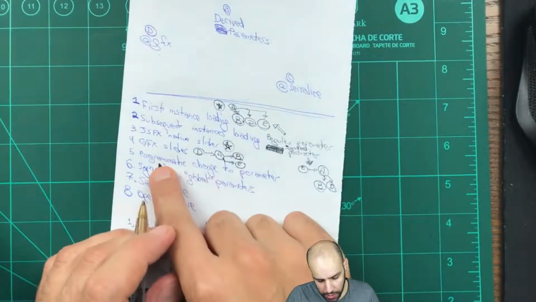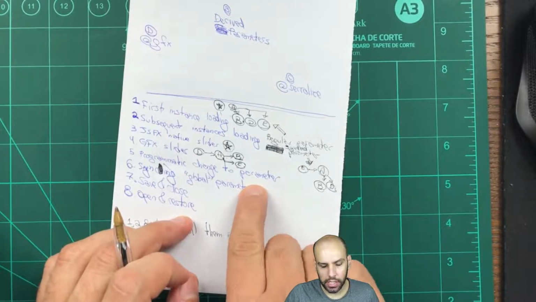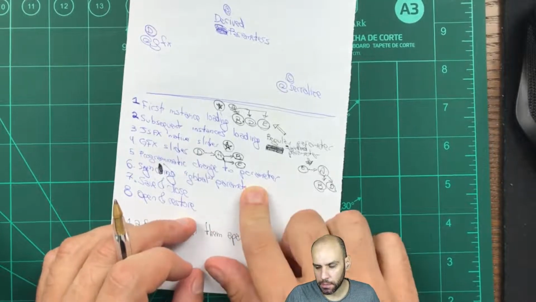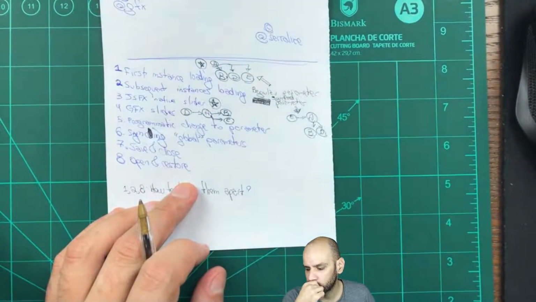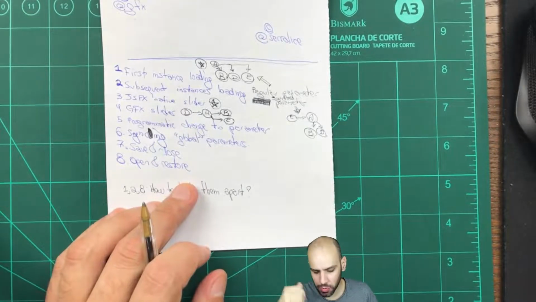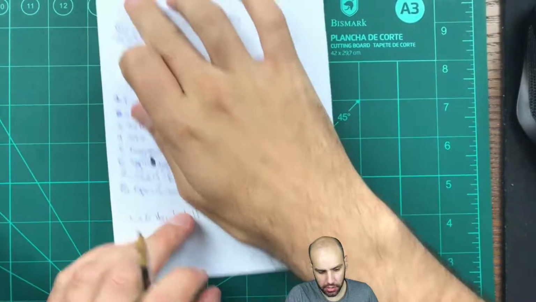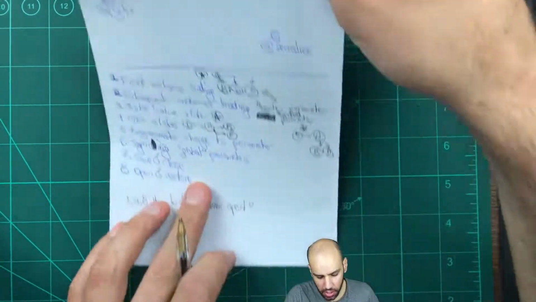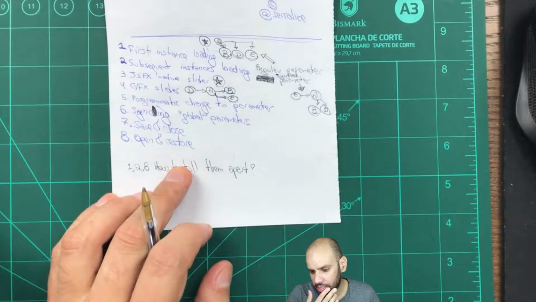Now, what happens when you do a programmatic change to a parameter? That happens, for instance, when you have a graphics slider, because you're changing the JSFX sliders programmatically. The truth is that I cannot come up with another example of this.